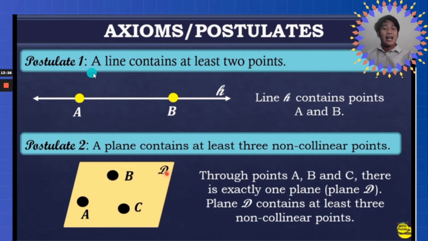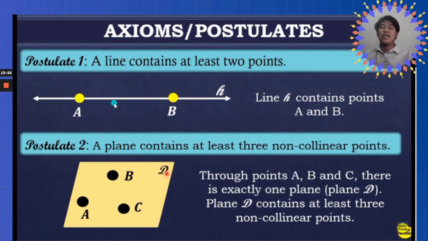Postulate number 1. Remember, a line contains at least 2 points. Looking at the illustration, take note, you need to master how to illustrate a line. This is a line with 2 arrowheads. Meaning, this set of infinite points extends infinitely in both directions, to the left or right.